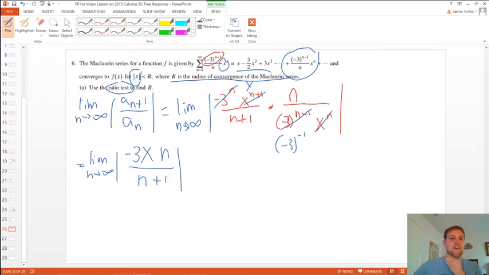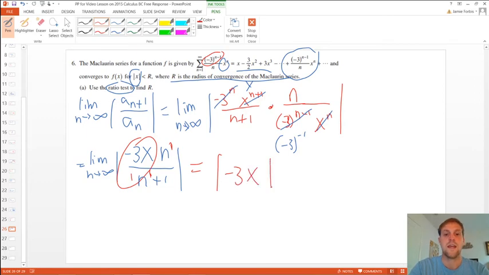Okay. Now if I take the limit of n, notice how we have n to the first and n to the first, so we're going to take the leading coefficients when I take the limit, and that's -3x over 1. So the limit of this is actually going to be the absolute value of 3x, and I'm trying to solve for that's less than 1 because that's where it converges.